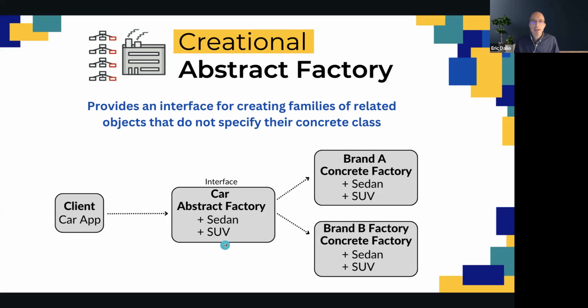For example, if we had a car app of some sort, we would build an interface that is our car abstract factory that would produce methods for a sedan, for an SUV, etc. And then we could use that to build concrete factories for brand A sedans and SUVs, brand B. This allows us to have easily interchangeable components. We can add brand C, we could take it away, we could change it, add brand D without impacting the overall structure, all stemming from our car abstract factory interface.